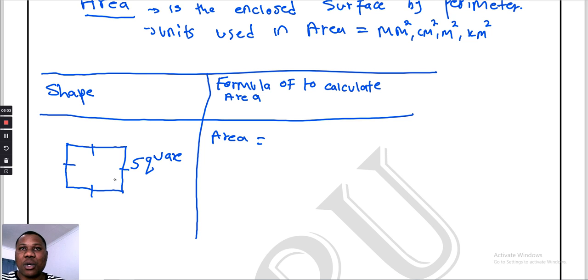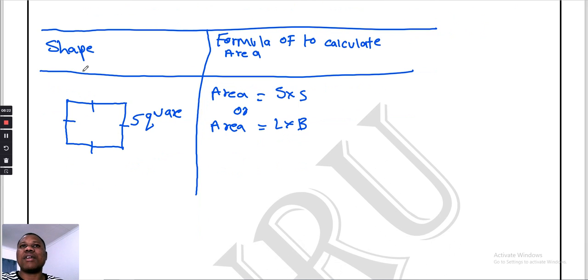So how do we calculate that space? We say side times side, or someone can say the area of a square is calculated by length times breadth.